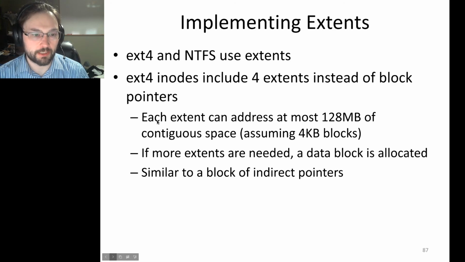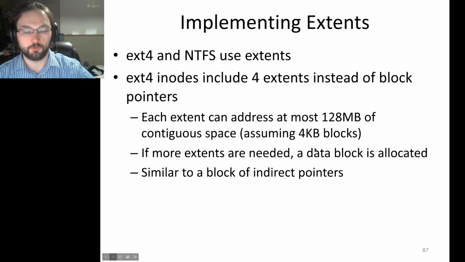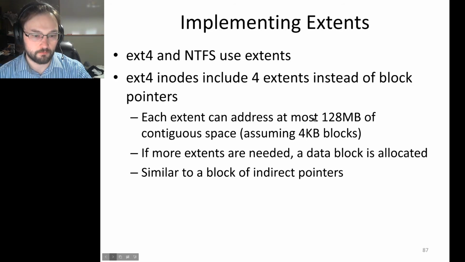And the limitation in ext4 is that each extent can only address up to 128 megs of contiguous space, but that's still a pretty big improvement over only being able to address 4K of contiguous space with a block pointer. And similar to the way we can have indirect block pointers, we can have indirect extent blocks as well.